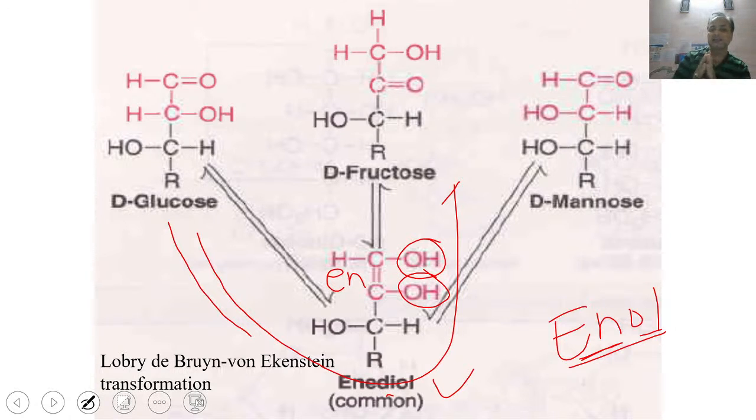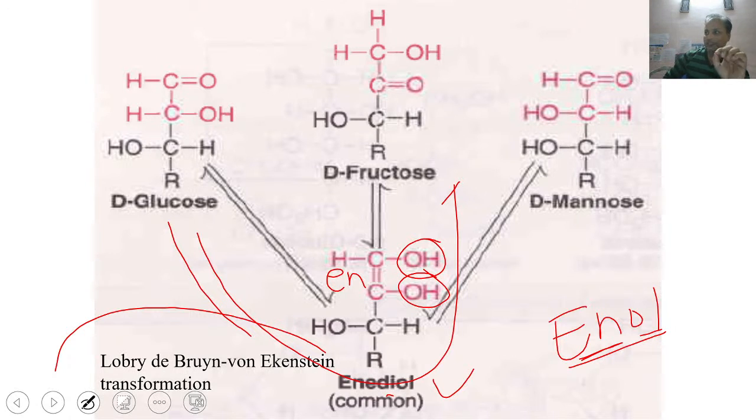This reaction is a kind of transformation reaction where one compound is transformed to another. This reaction is named the Lobry de Bruyn-van Ekenstein transformation. If you are able to remember it, it's perfectly fine. If you are not able to remember it, that is also perfectly fine.